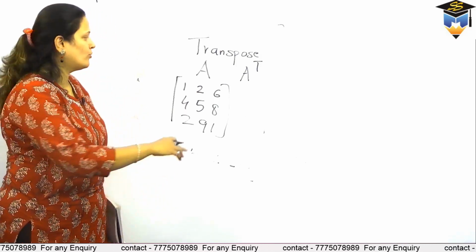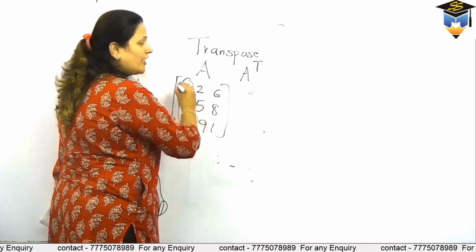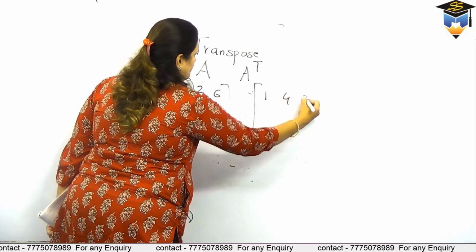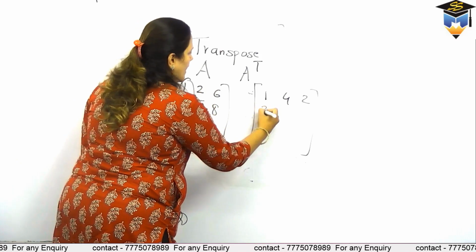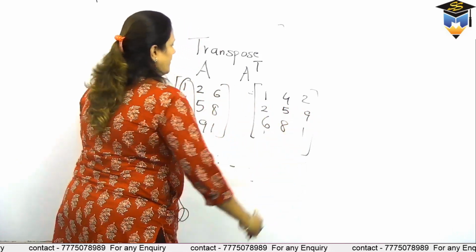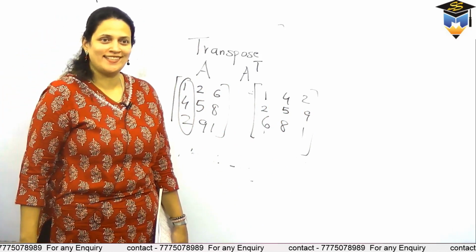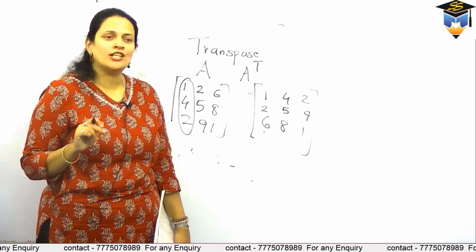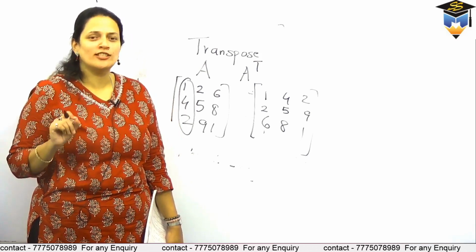To find A transpose, I take this particular column and write it as a row. Then take the next column as the next row, and the third row would be 6, 8, 1. Understood? So the transpose of a matrix we can find by interchanging the rows and columns.